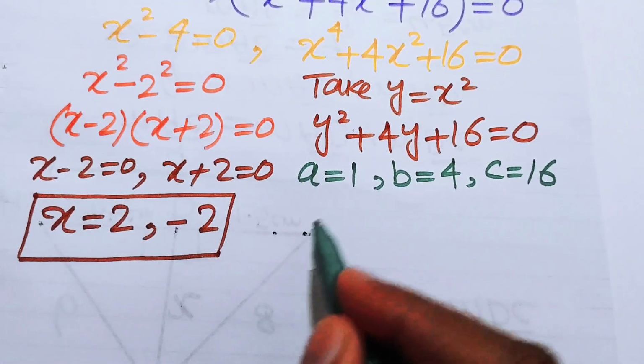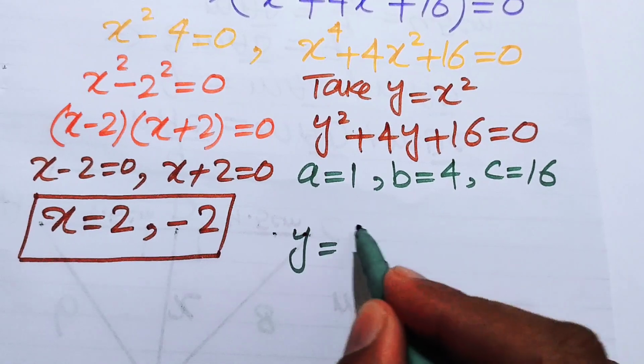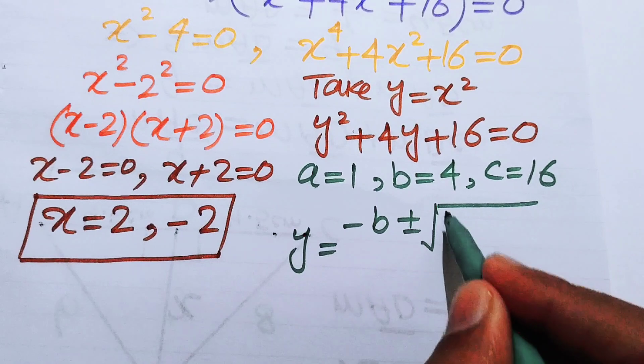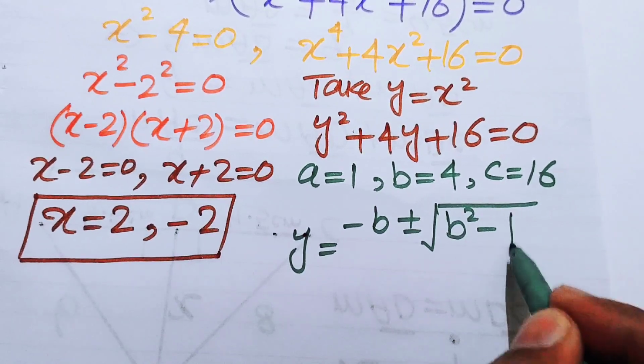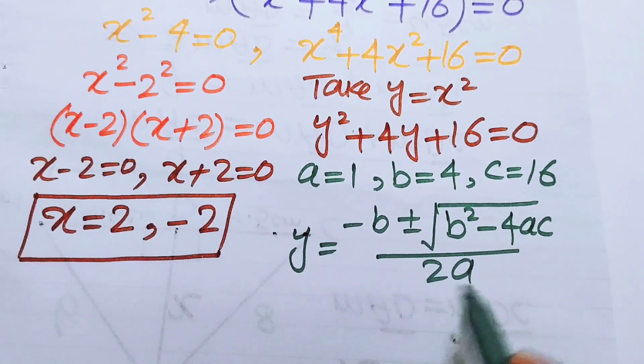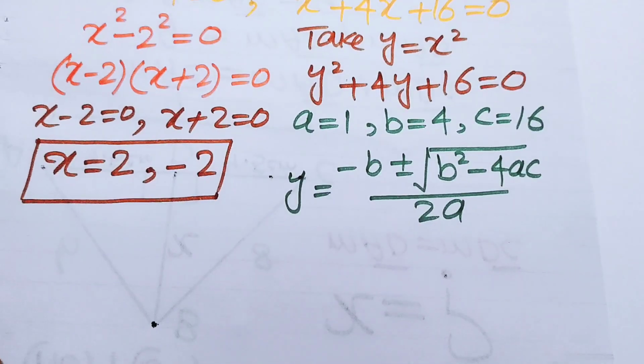Our quadratic formula looks like this: y equals minus b plus minus square root of b square minus 4ac, all over 2a.